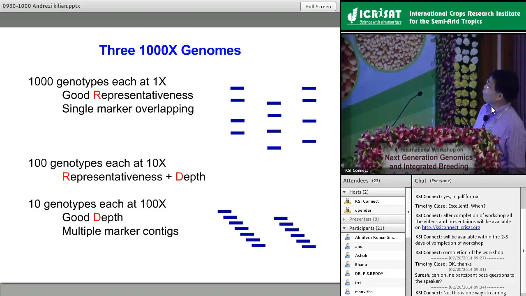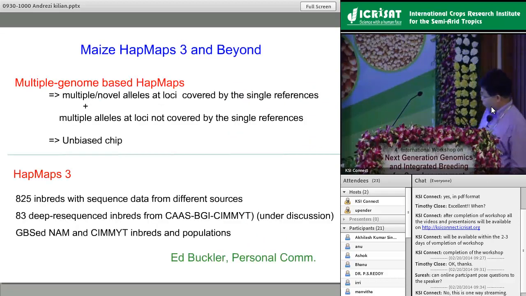From those, you can get the reference genome loci, and you can find the different alleles, okay, from different genotypes. At the extreme, you sequence 100 times the 10 genotypes, and then you get lots of sequence data, and then you can line up and build the contigs, okay. This contig sometimes cannot be mapped to the reference.